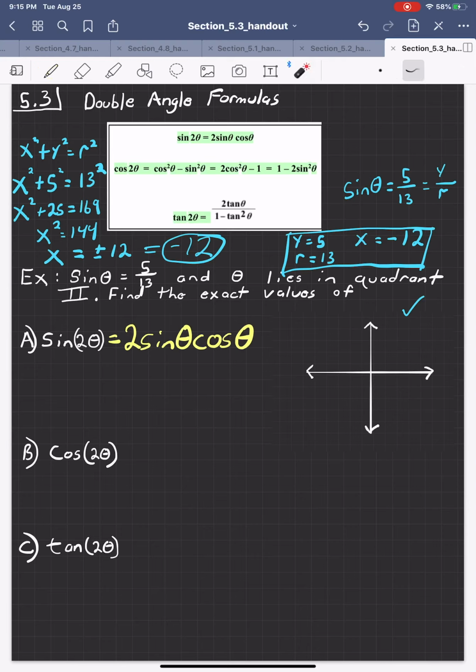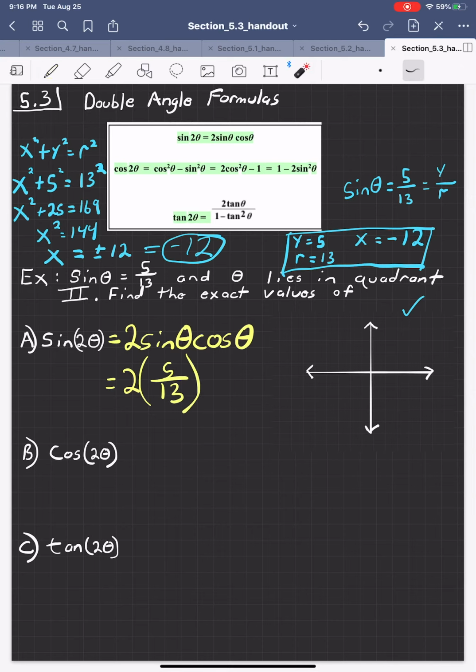So let's see if you can follow me. This is going to be 2 times sine of theta. Do we know sine of theta? We do. We're told sine of theta is 5/13. So I'm literally just going to drop 5/13 in here for sine. So that's 2 times 5/13.